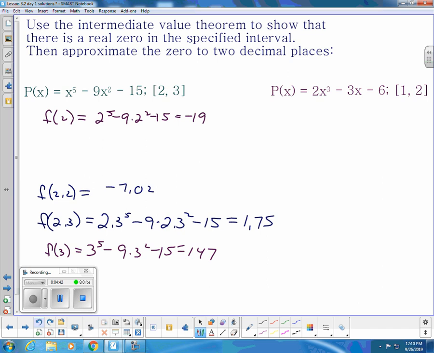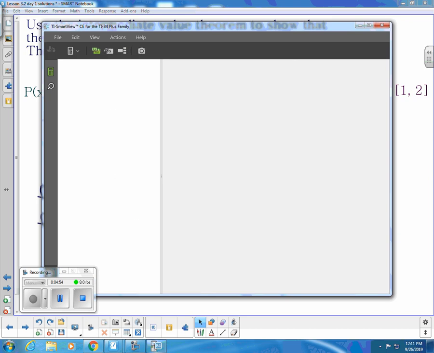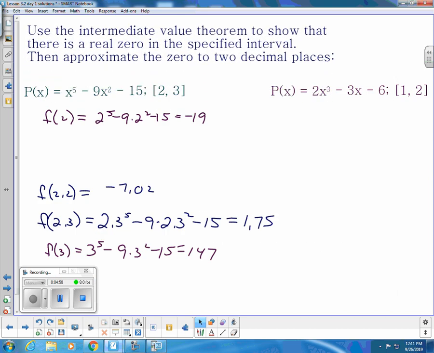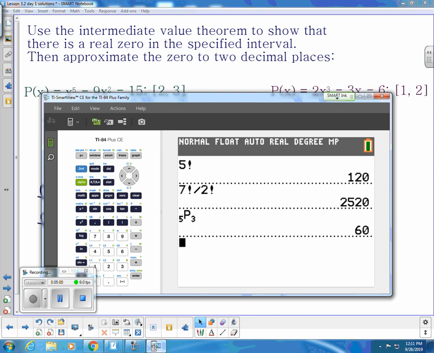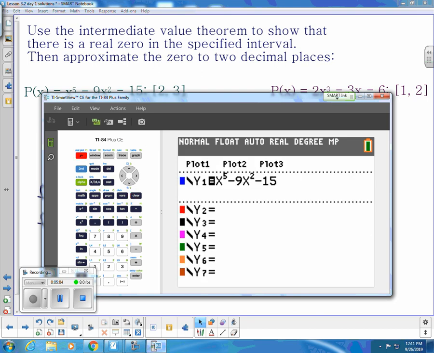So how to do this with your calculator? We are going to put the function in our graph, y equals. So if I go to y equals, I get x to the fifth minus 9x squared minus 15. And I'm going to go to my window.